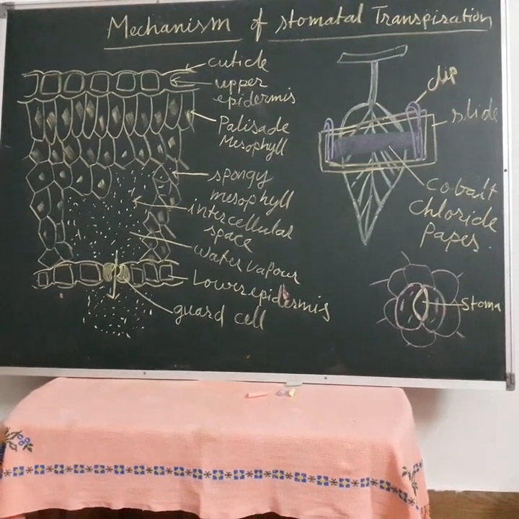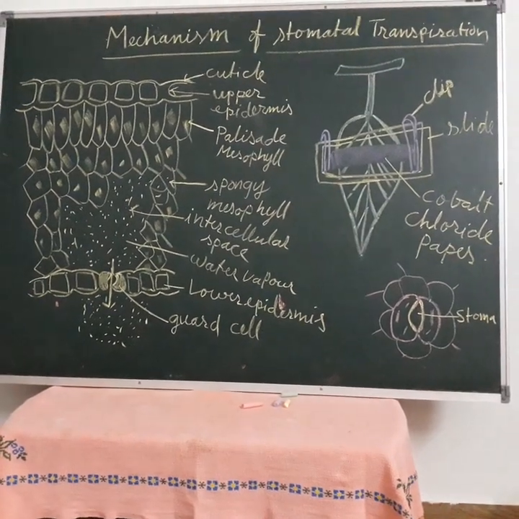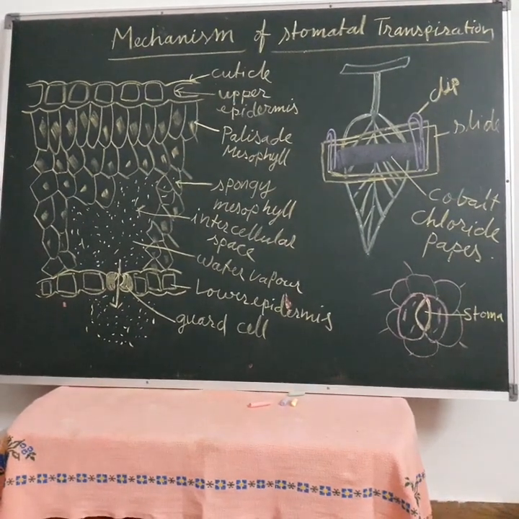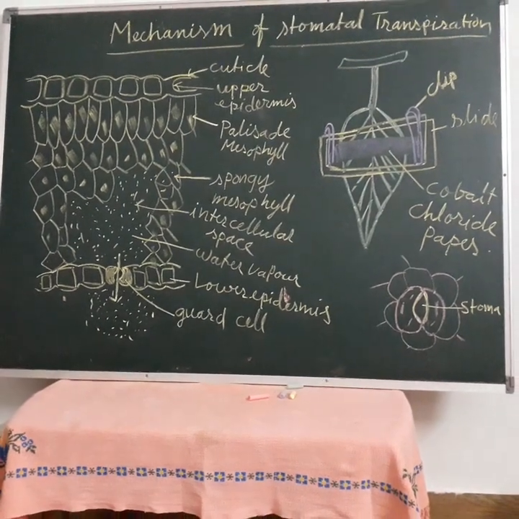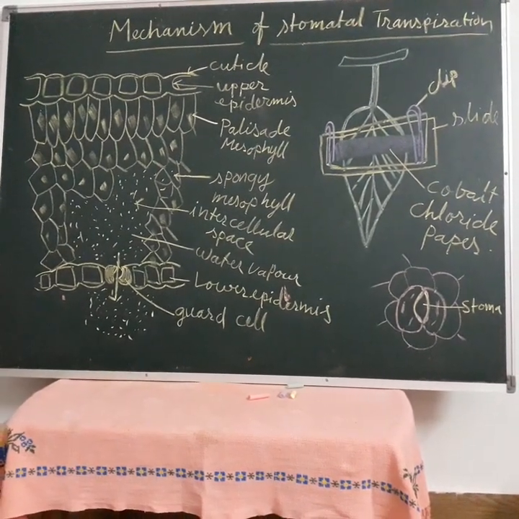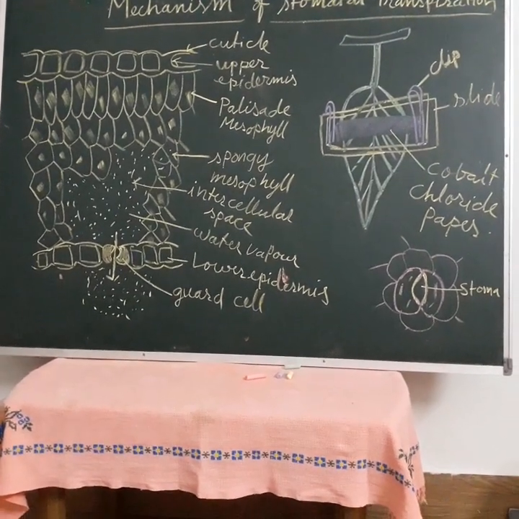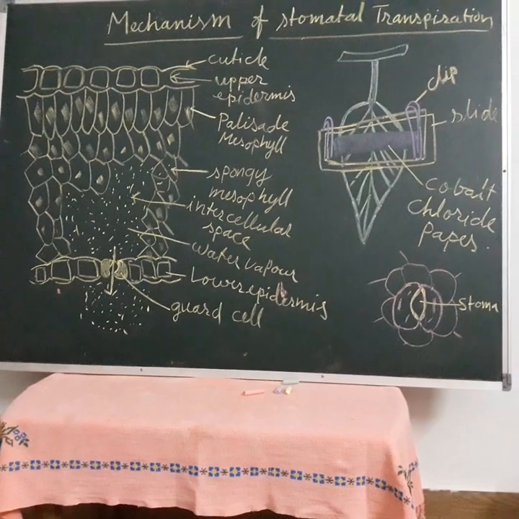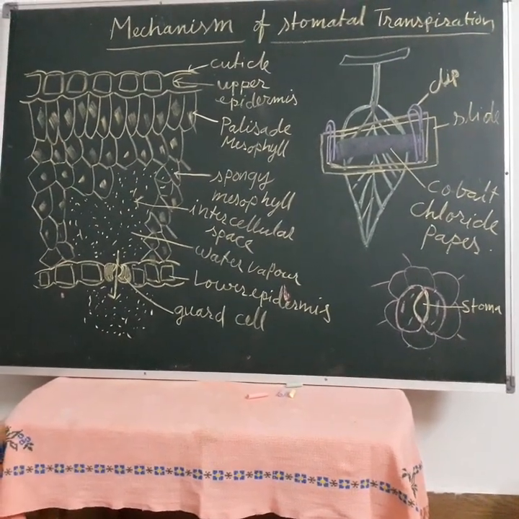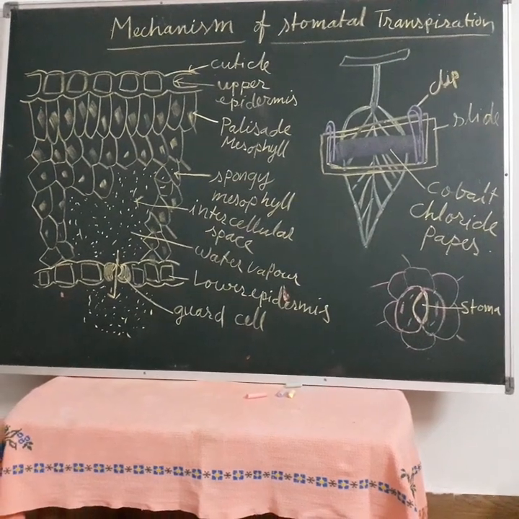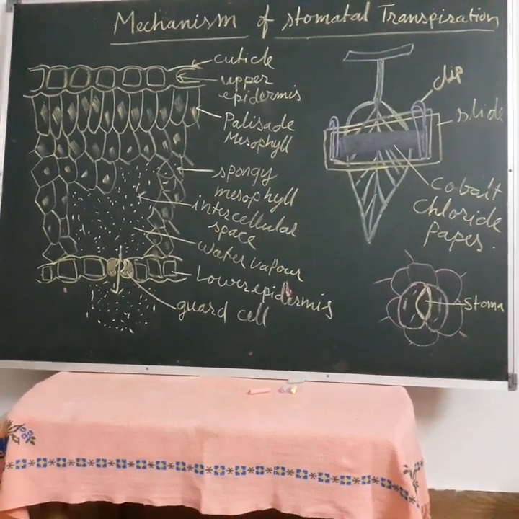Velocity of wind. Transpiration increases with the velocity of wind. If the wind blows faster, water vapor released during transpiration is removed faster and the area outside the leaf does not get saturated with water vapor. Humidity. Transpiration is reduced if the air outside is humid. Next, carbon dioxide.